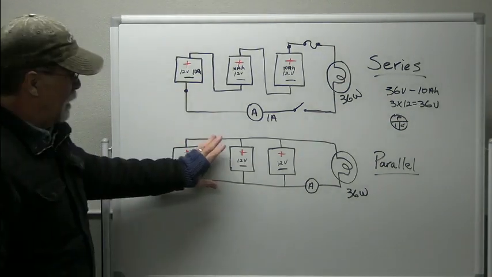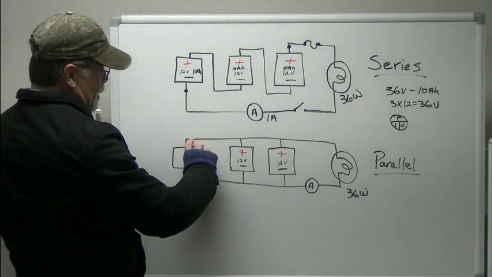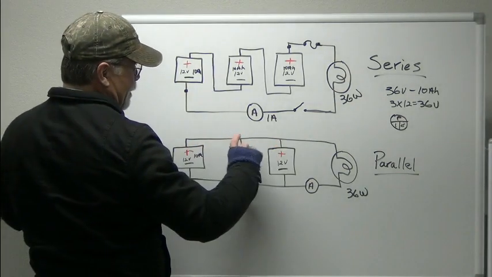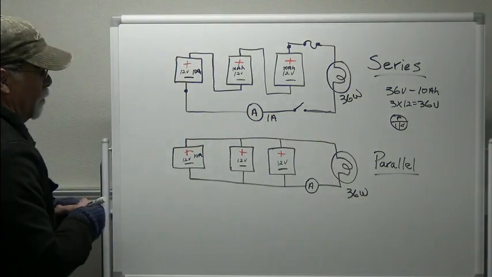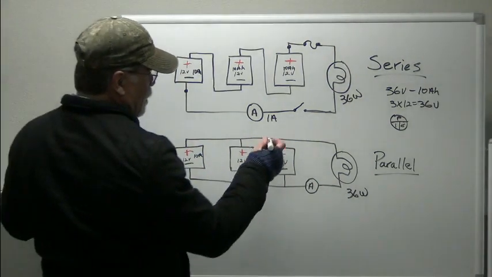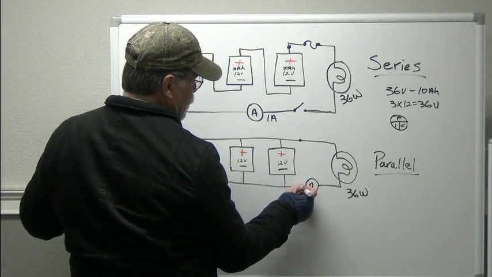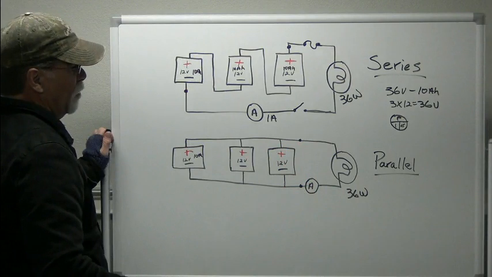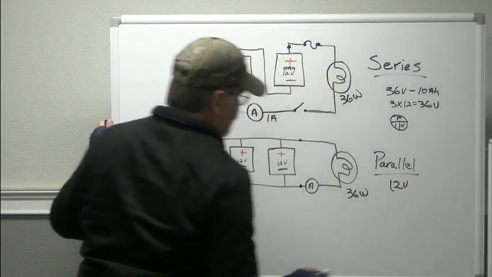So, in a parallel circuit like this, each one of these is connected together, positive to positive, negative to negative. And so the voltage at these 2 points is going to be 12 volts. So now we have a 12 volt battery.